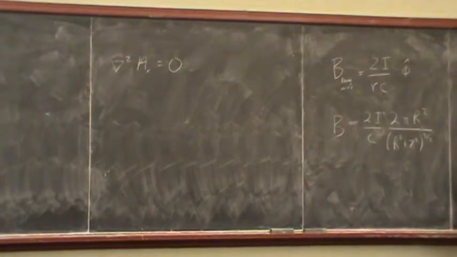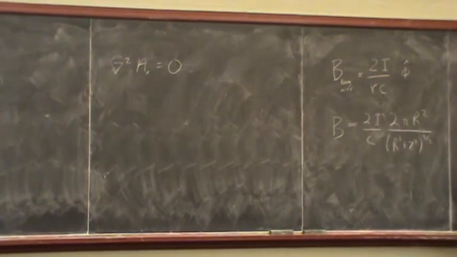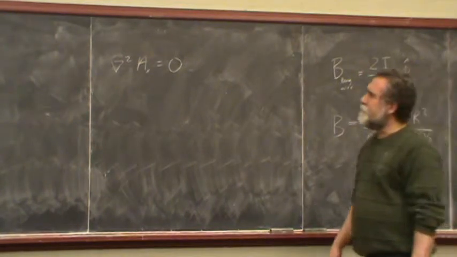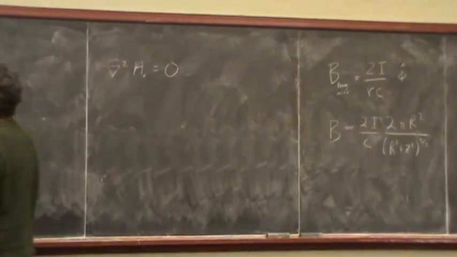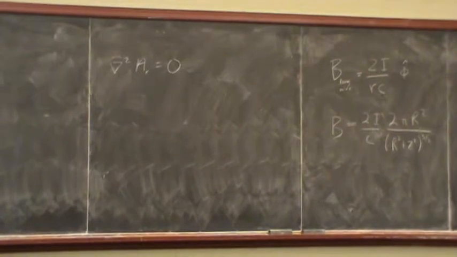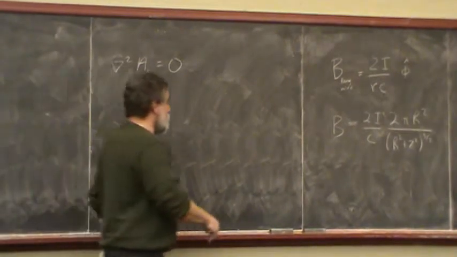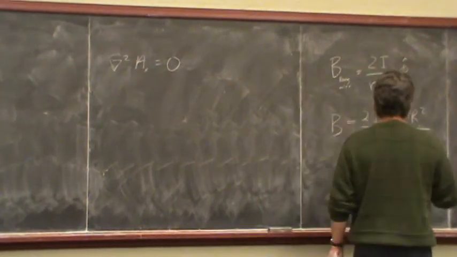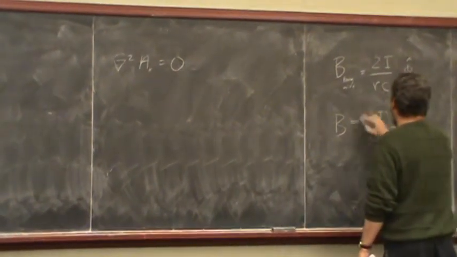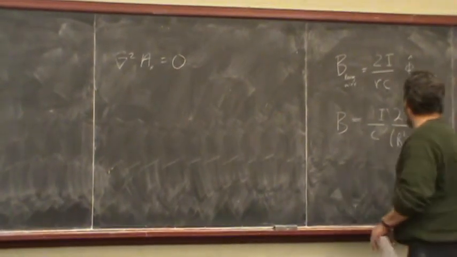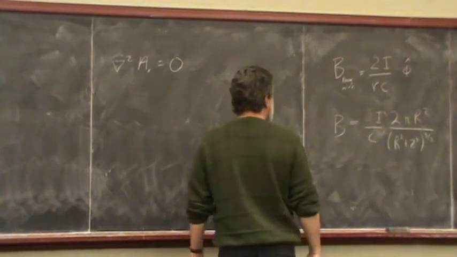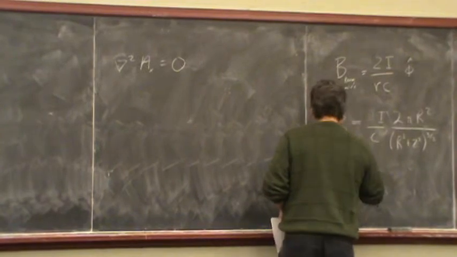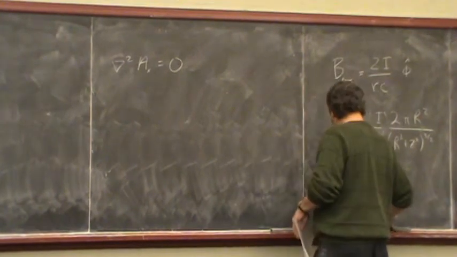Where did you get the extra 2 from? That I'm not so sure about. There is no 2 here. It's because I looked over there and somehow saw a 2 that wasn't there. You saw the 2 from the 2 pi. That must be it. Okay, so this is the magnetic field of the loop on the axis of the loop.